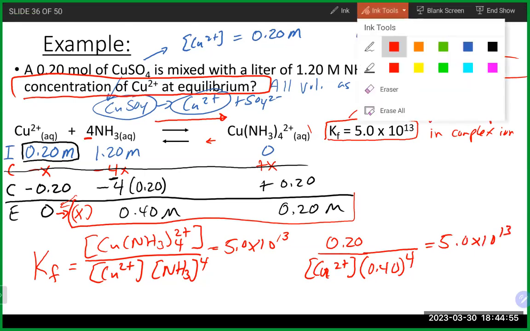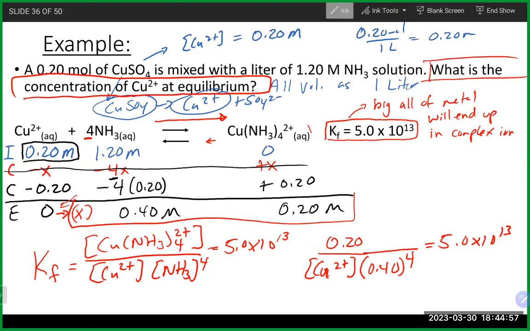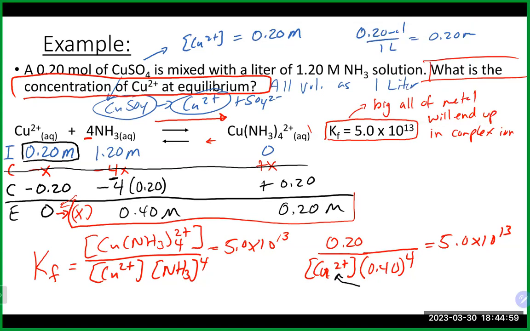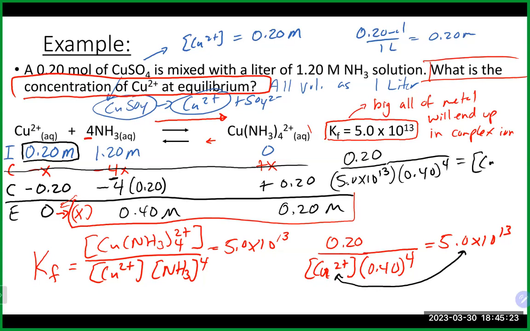So mathematically speaking, when you solve for the copper 2, basically what happens is these two guys switch places. You multiply the copper 2 to the other side and you divide the K value to the other side. And that would get you basically 0.2 divided by 5 times 10 to the 13, and that is going to be our 0.4 to the 4th, which will equal our copper 2 concentration in this case.